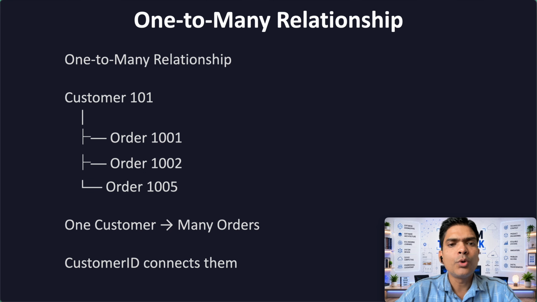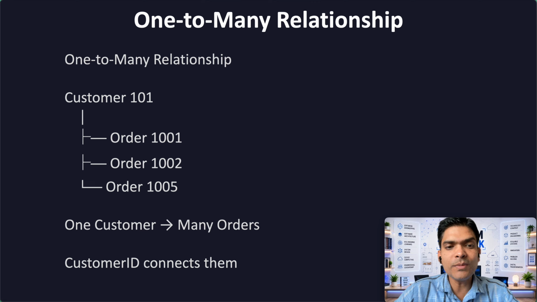This gives us one of the most common relationships in database design, one to many. One customer can have many orders, but each order belongs to a particular customer.